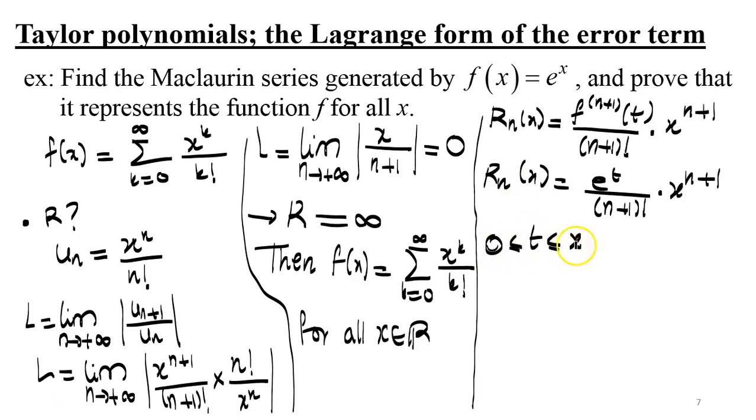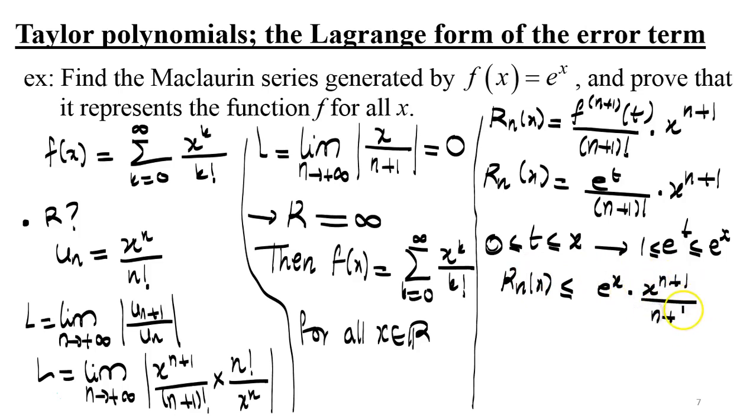So t is between 0 and x, which means that e^t is between 1 and e^x, which means that e^t is smaller than e^x for all x. So over here, I can say that R_n of x is smaller than e^x times x^(n+1) over (n+1) factorial.